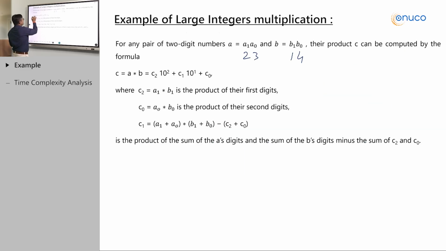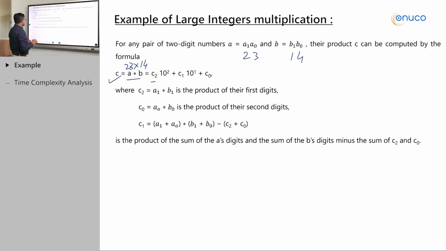Now we have the C values. The C values are going to multiply A and B. It means we are going to find 23 multiplied by 14, and we write it as C2 10 square plus C1 10 to the power 1 plus C0. So here we have our 3 values C2, C1, C0.